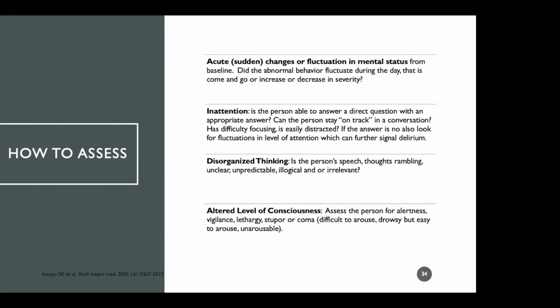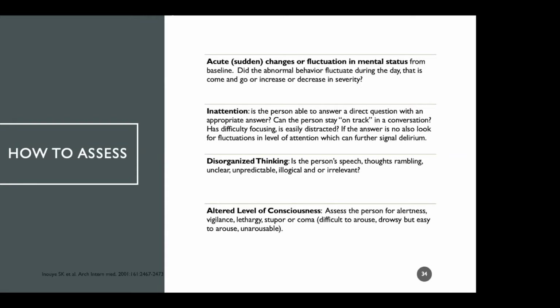And lastly, that altered level of consciousness. Assess the person for alertness, vigilance, lethargy, remember the hypoactive, stupor, that they're stuporous, or coma. Lethargy and stupor is difficulty to arouse them. They're very drowsy, or they're drowsy but easy to arouse, or they're unarousable.